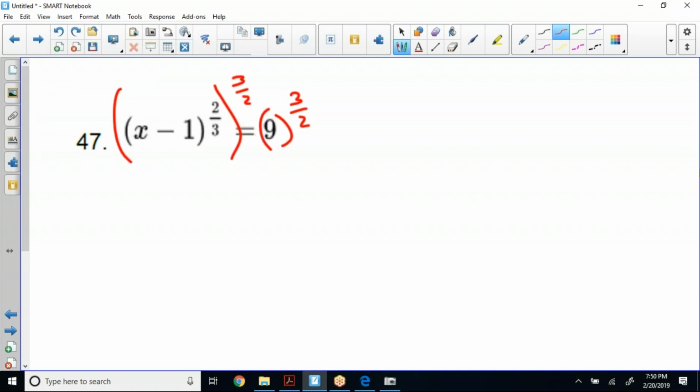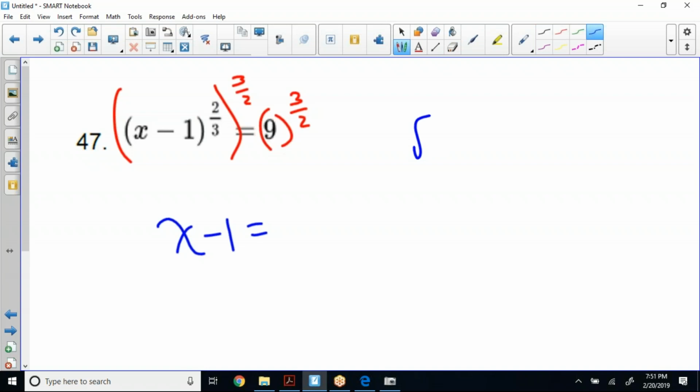Because if I raise it to the 3/2 power, guys, look what happens. This power raised to that power, 3 times 2 is 6 over 3 times 2 is 6. 6 over 6 is 1, right? So it drops it, cancels it. Now, you can sit here and go, well, 9 to the 3/2 is nothing more than, burn it.